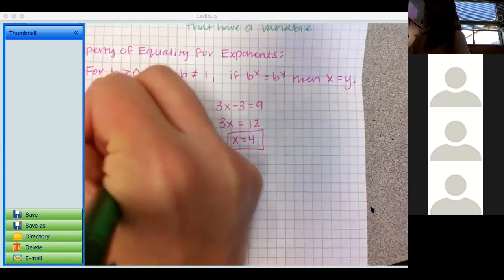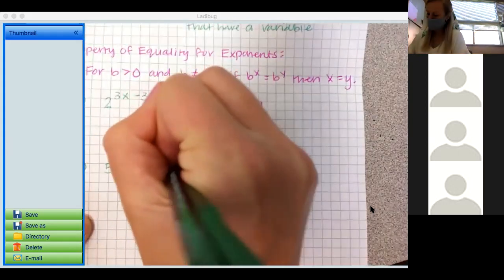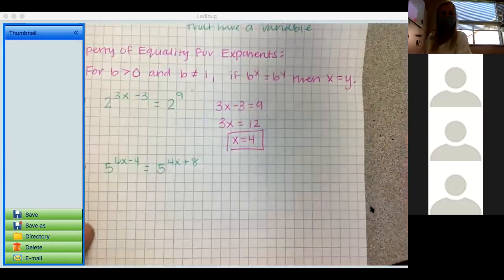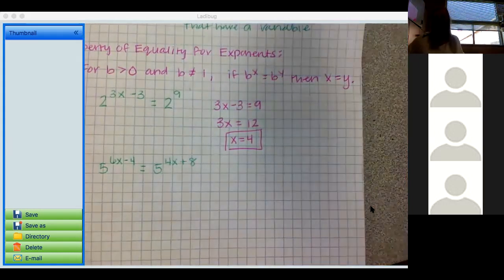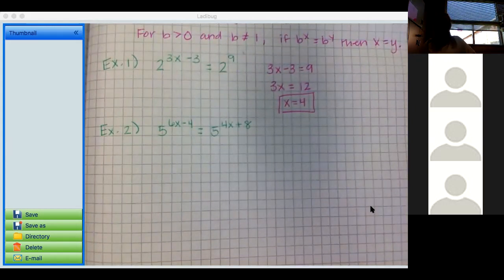5 to the 6x minus 4 equals 5 to the 4x plus 8. Online people, if you have a question, speak up. Or leave. Somebody just left. It's about to get a whole lot harder, so I hope they come back.